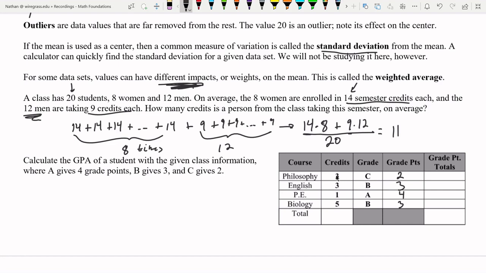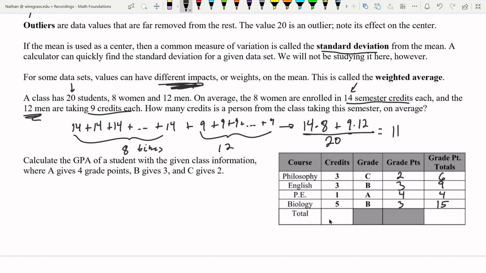If there's 3 credits, and each one of them gives us 2 grade points, that means the grade point total is 3 times 2, 6. Here, 3 credits, each given 3. 3 times 3 is 9 grade points total. 1 times 4 is 4. And 5 credits for 3 grade points. 5 times 3 is 15.